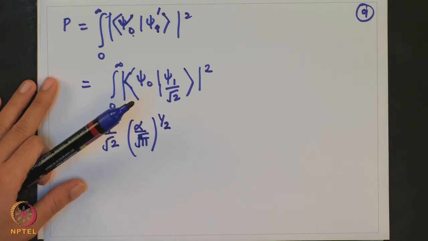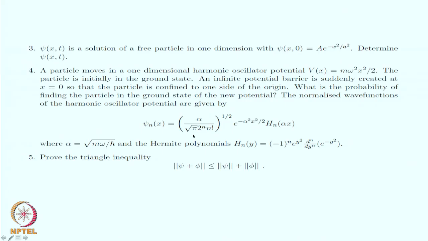So, I will have alpha upon square root of pi, e raised to minus alpha x square upon 2, H naught. Okay. And H1, psi 1 will be alpha upon 2 pi by n.